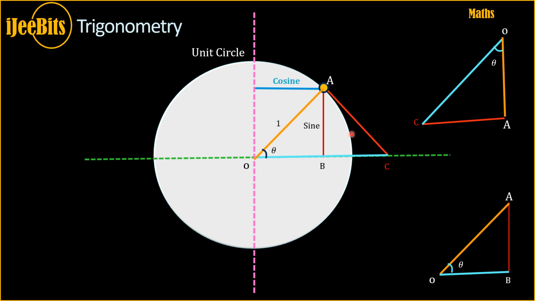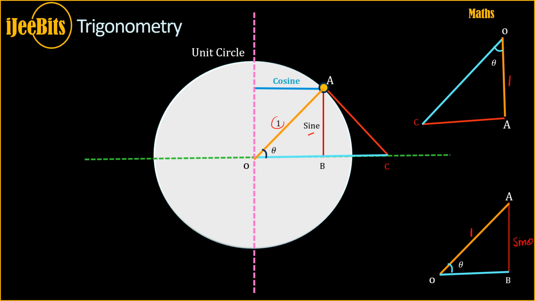Next, what you have to do is plug in these values here. From this triangle, OA is 1, so this is also 1 here. Next, AB we know is sin theta, so I put sin theta here.